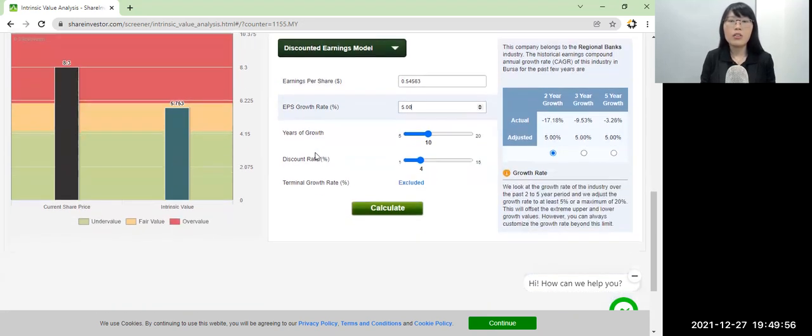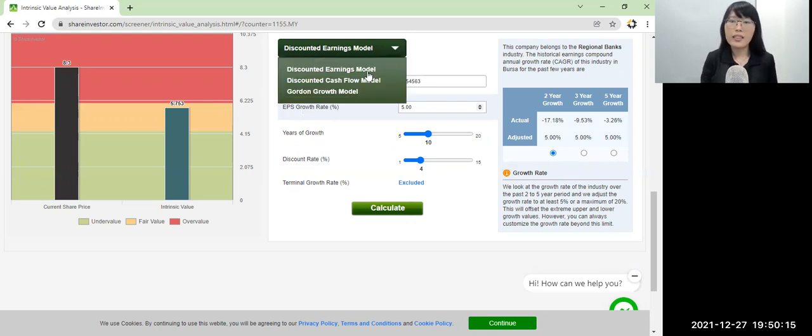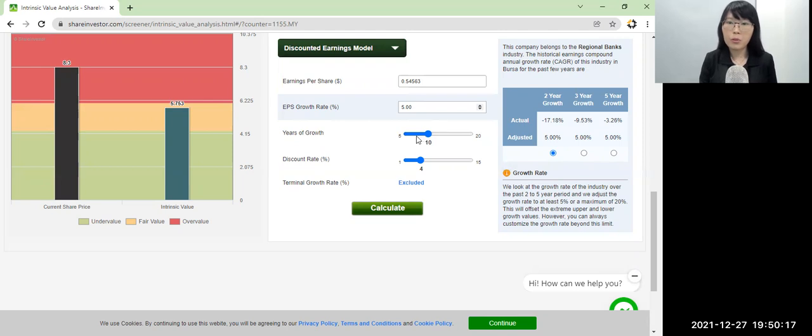Okay, so the years of growth means how long you want to forecast. For example, Maybank will still remain in its business. Let us assume Maybank can survive for the next 20 years. So we can put 20.